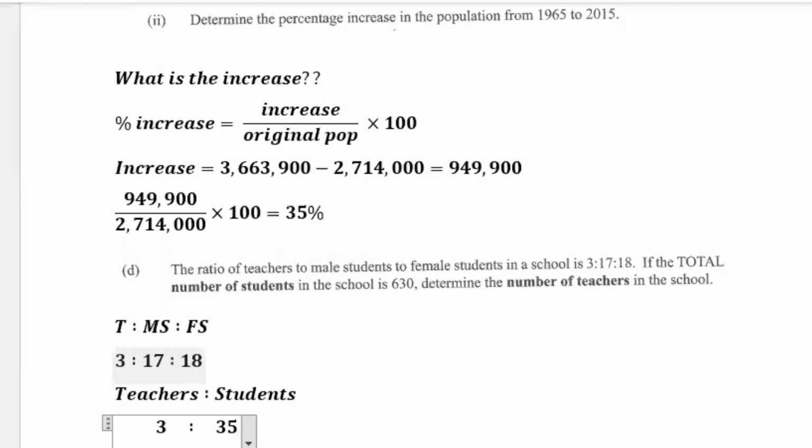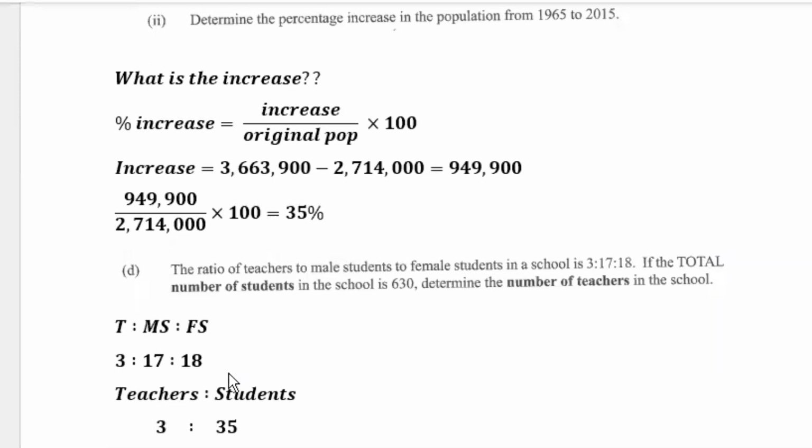And now we can go ahead and determine the number of teachers in the school. So it is 3 to 35, and we are trying to determine how many teachers there are for the total number of students, which is 630.